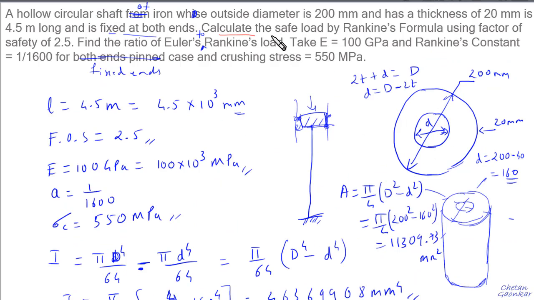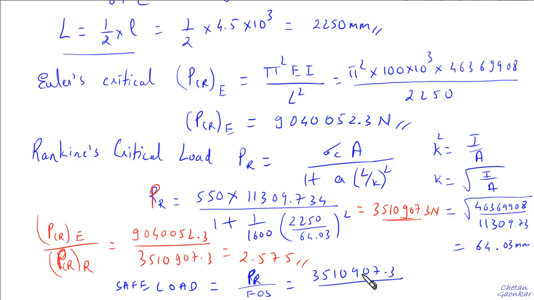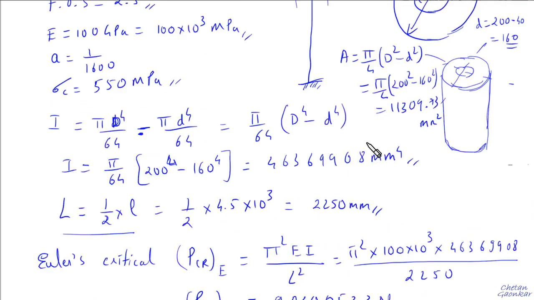And then we had to also calculate the safe load by Rankine's formula. The critical load from Rankine's formula has turned out to be this. Here we just need to make use of the factor of safety. So the safe load from Rankine's formula will be the critical load from Rankine's formula divided by the factor of safety, 3510907.3 divided by 2.5, as they had asked us to take the factor of safety as 2.5.